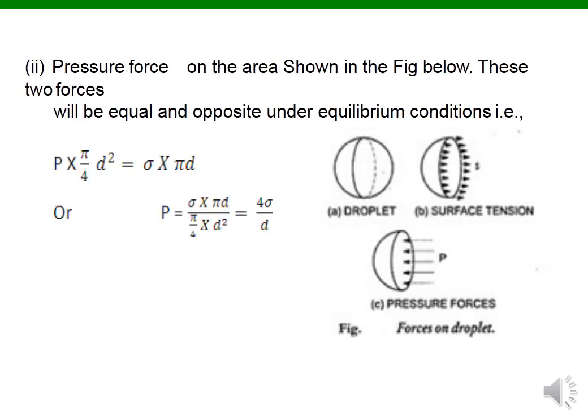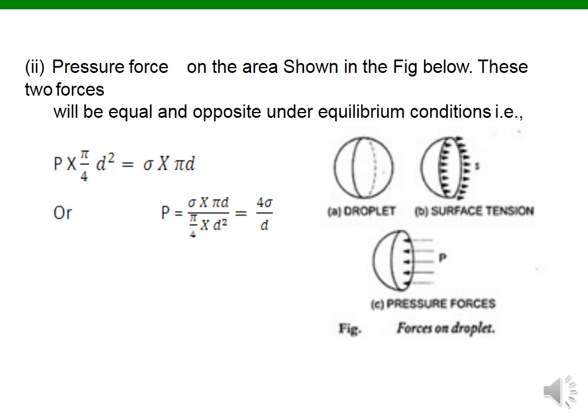The second one is the pressure force. In the figure shown below, see the liquid droplet, surface tension and pressure forces. Surface tension acts outside, pressure force acts inside, so we make them equal. Under equilibrium conditions, P into pi by 4 d square, that is pressure into area, is equal to surface tension into pi d.